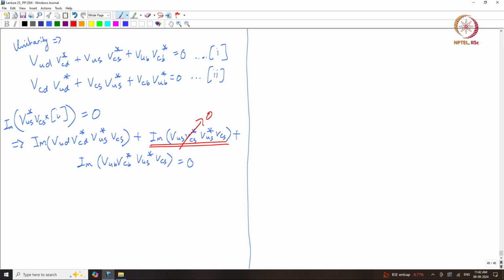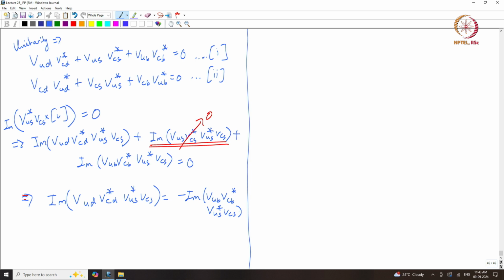So, I have sent that to 0 and that tells me that at least 2 of these, up to a minus sign, are equal. See, just like that I got 2 unitarity triangles to have the same area, right.